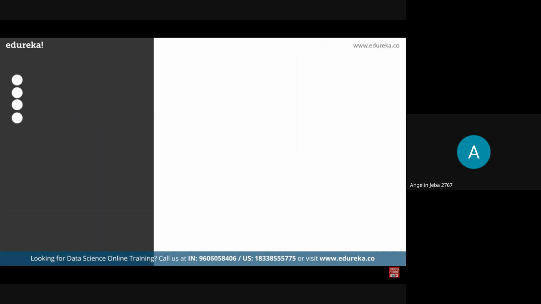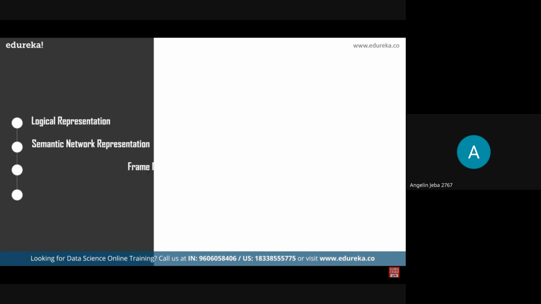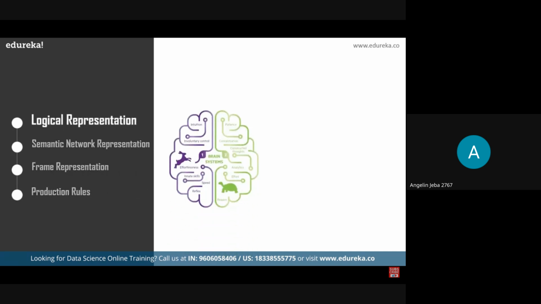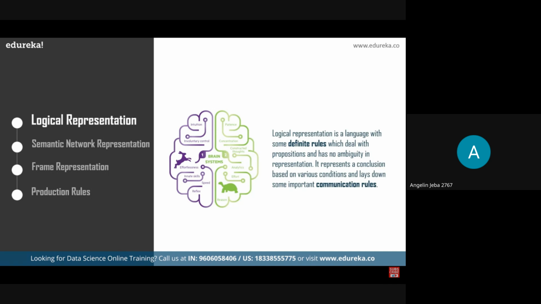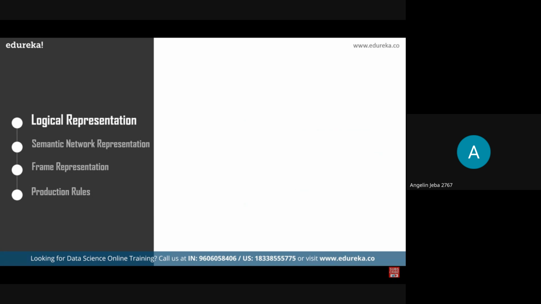So, talking about the first one, logical representation is a language with some definite rules which deal with propositions and has no ambiguity in representation. It represents a conclusion based on various conditions and lays down some important communication rules. Also, it consists of precisely defined syntax and semantics which supports the sound inference. Each sentence can be translated into logics using syntax and semantics.